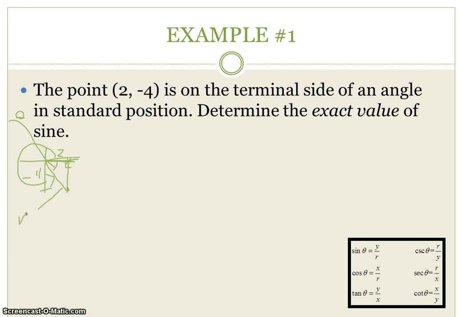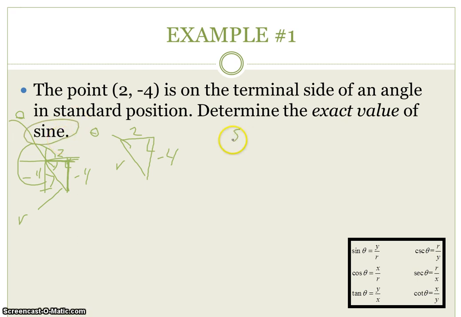And of course, since I went down 4, going down for my triangle, that's -4. So if I just pull out my triangle, where this is a right angle, this was 2, this is -4, that was my r, and my angle here is theta.